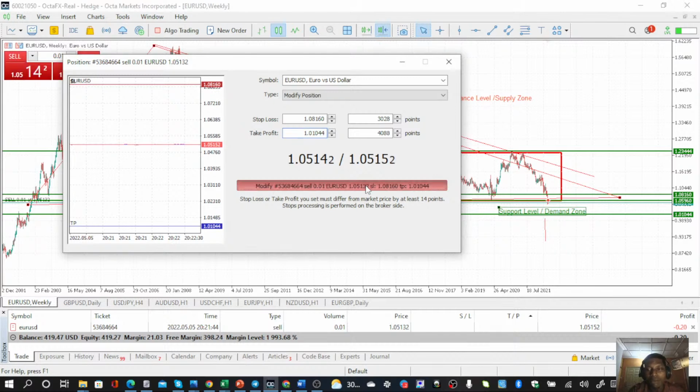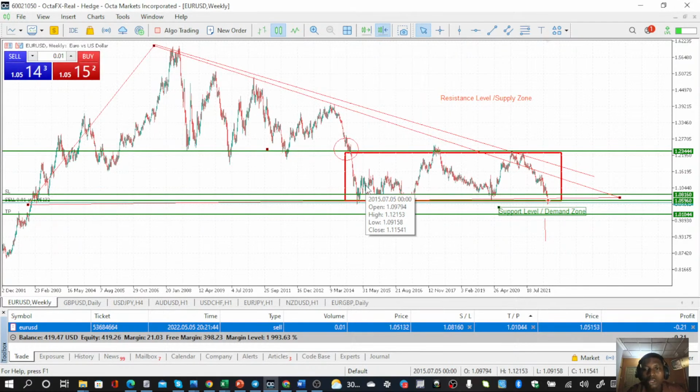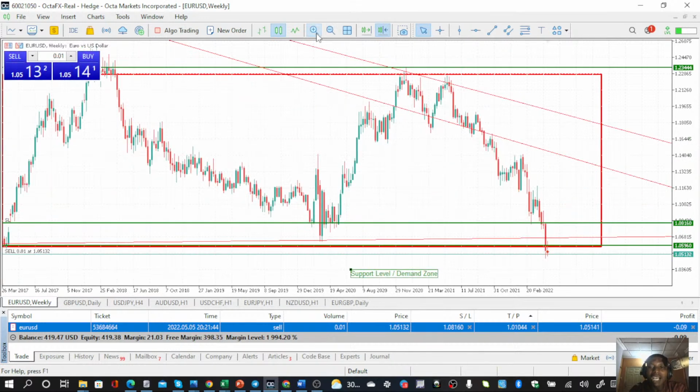Then let's modify. As you can see here, if the trade goes against me, I will be losing $30 on this trade. If the trade goes in my favor, I will be making $40 on this trade. You might want to reduce your risk, because we don't want it to be more like a 50-50 chance of losses.